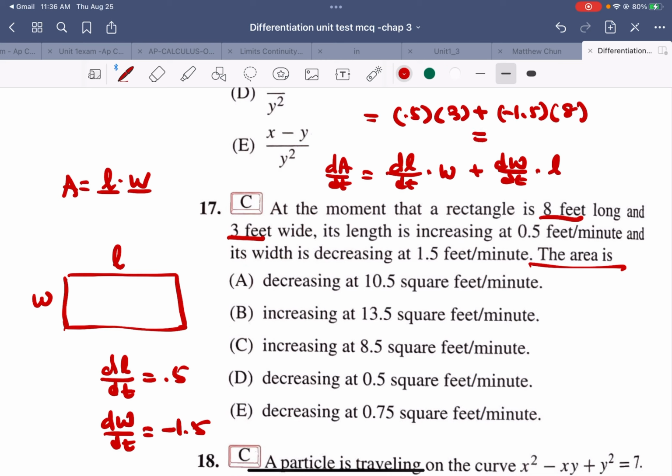That's 0.5 times 3 is 1.5, minus 1.5 times 8, 12, so 1.5 minus 12, negative 10.5 square feet per minute. So decreasing. Okay, 17 is A.